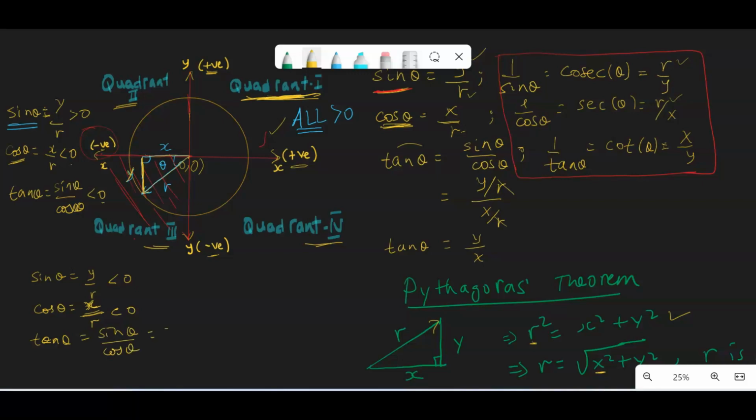That means negative divided by negative, which is positive, always greater than 0. So in quadrant 3, only tangent is positive; sine and cosine and their reciprocal functions are negative. In quadrant 2, only sine is greater than 0, or positive; cosine and tangent are negative.